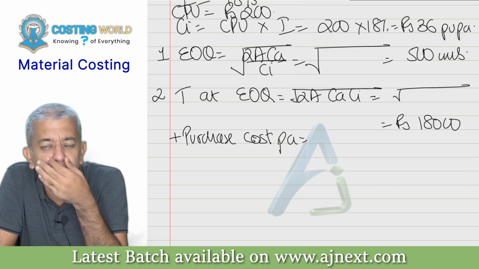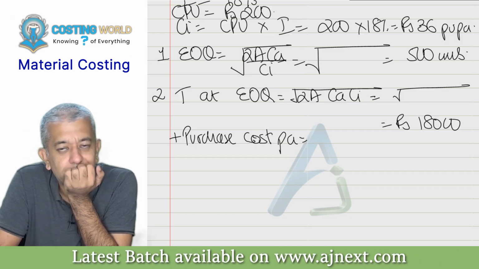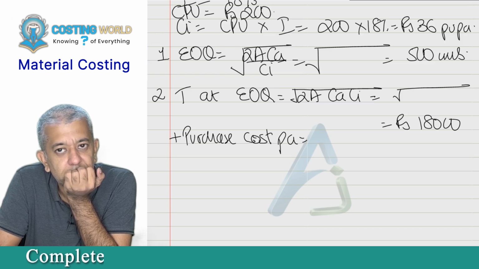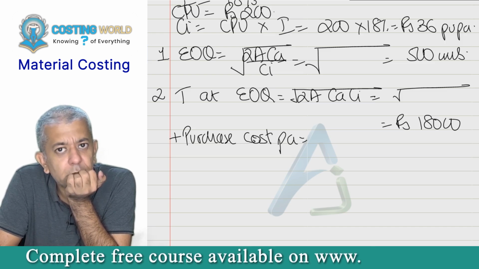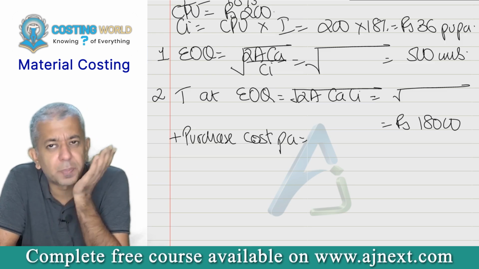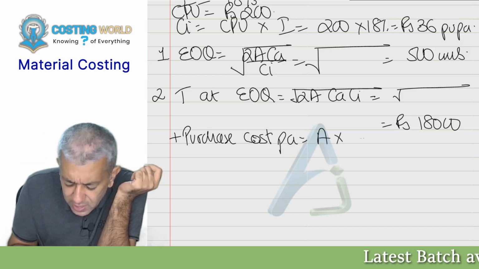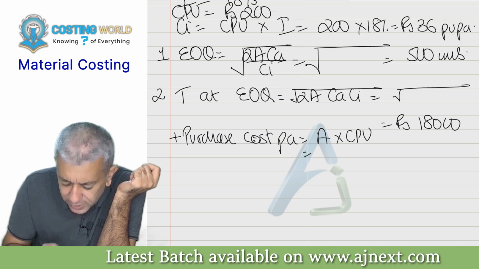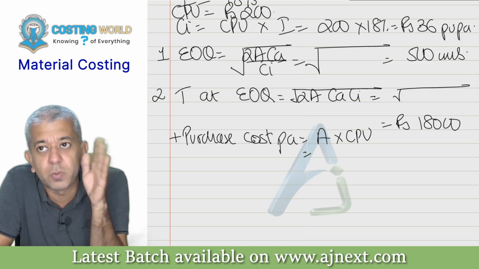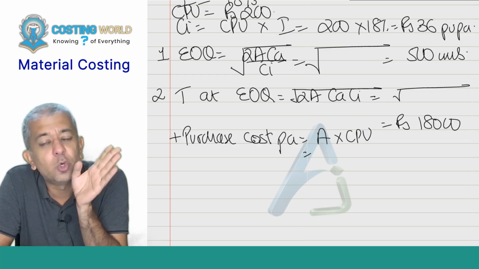Its formula will be A into CPU. Obviously, how many units? We want purchase cost for the entire year. How many units will you be purchasing in the entire year? A. Every unit you will be purchasing at what price? CPU. Please never ever write down what most of you all did, Q into CPU.